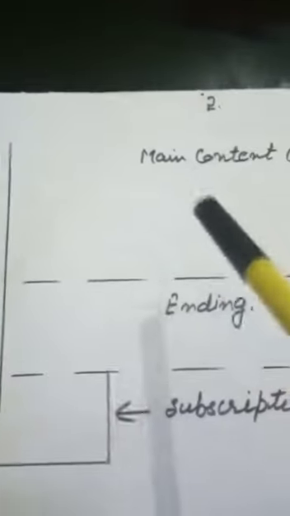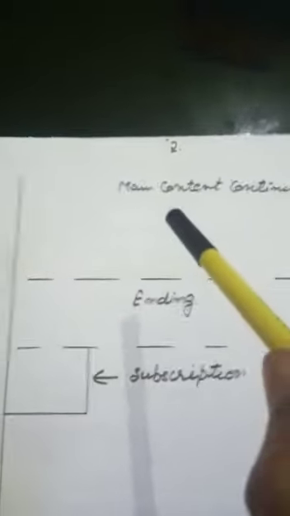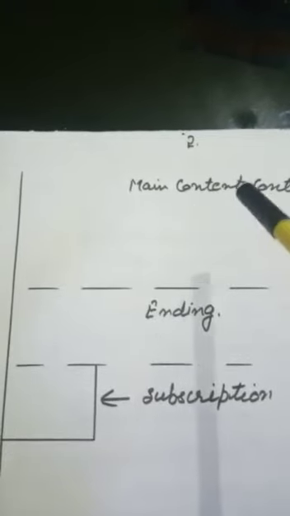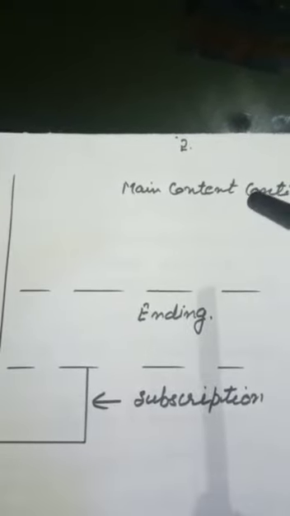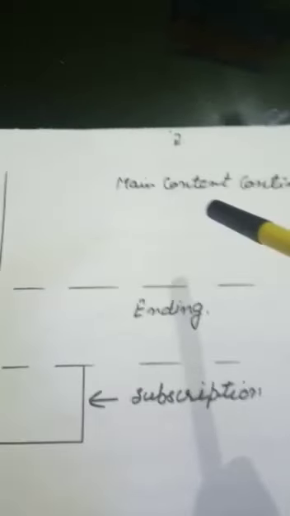This main content continues on page number 2. Here you can see the main content continues, and there you can write the subject matter. That means the main part of the letter where you are going to speak about your problem, your issue or anything, that will be in paragraph 2.